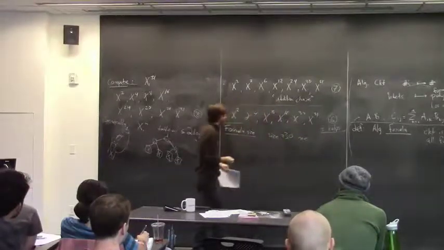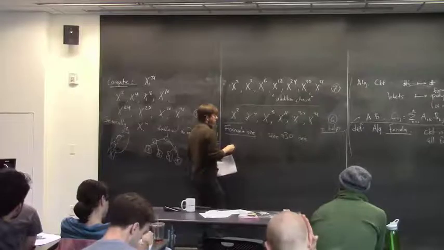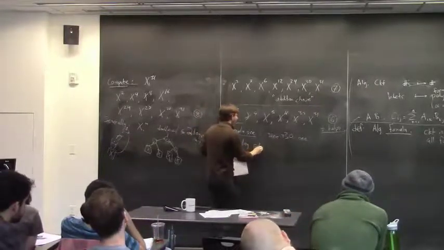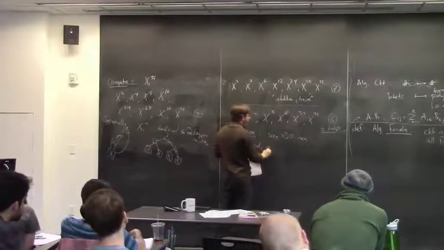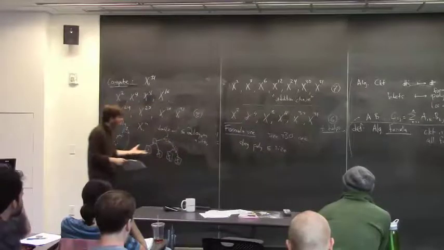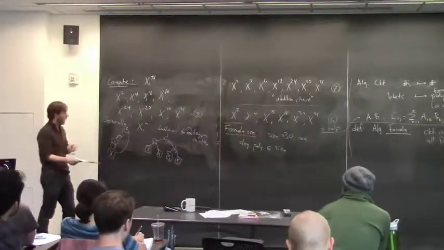And that's actually easy, because the degree of the polynomial computed by a formula is always at most the size. Because with formulas, every step you can only increase the degree by at most 1.